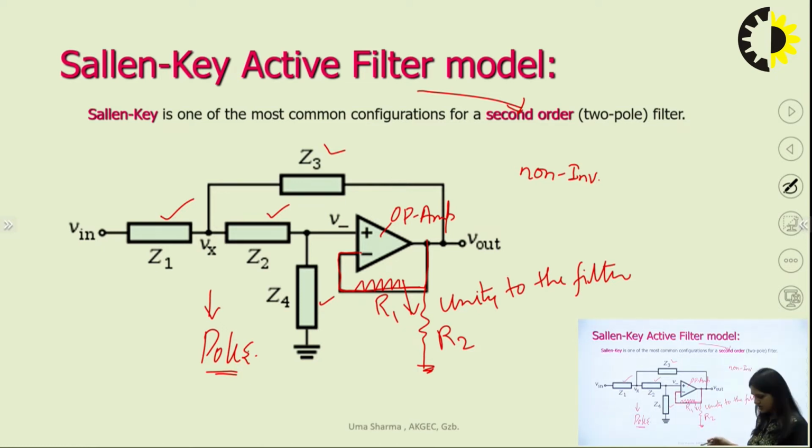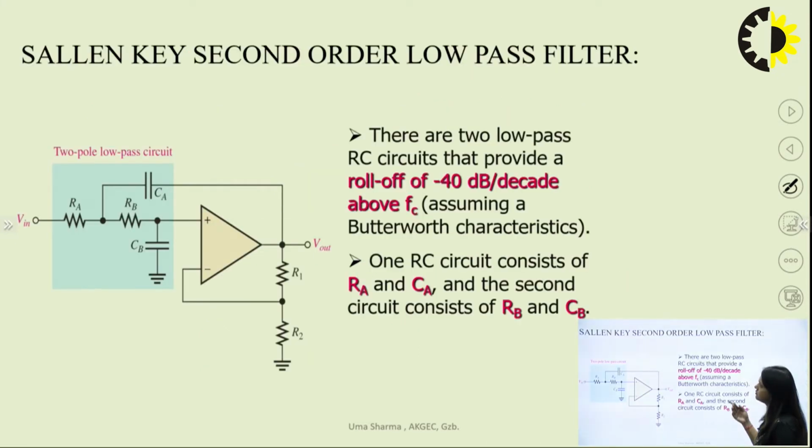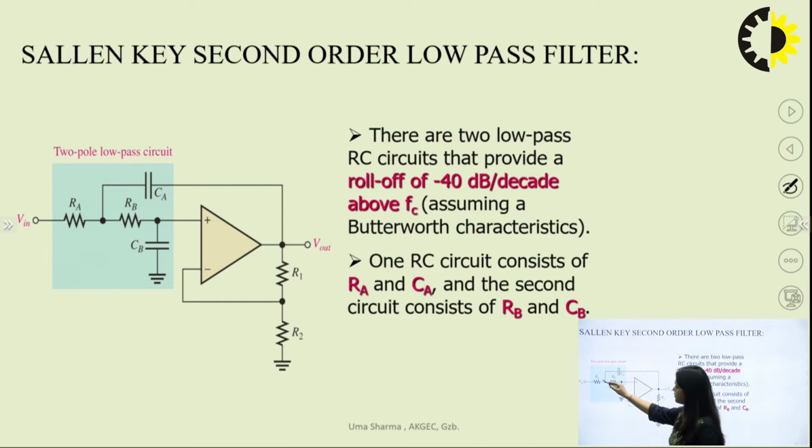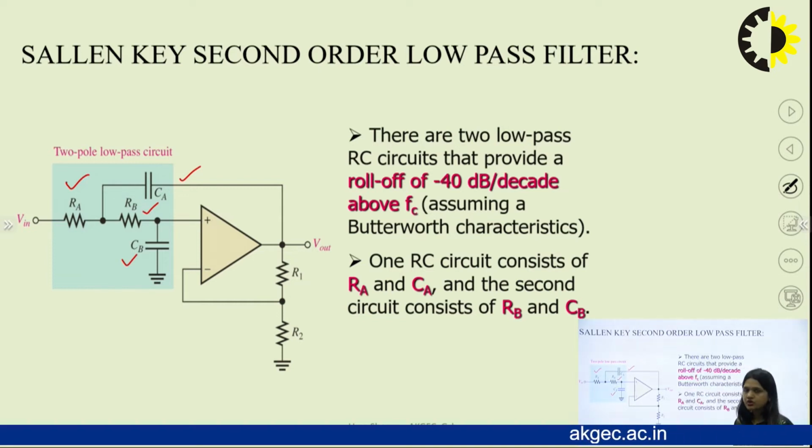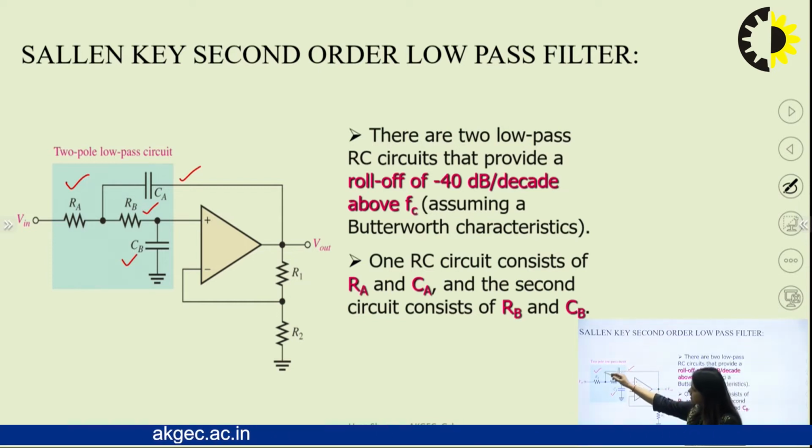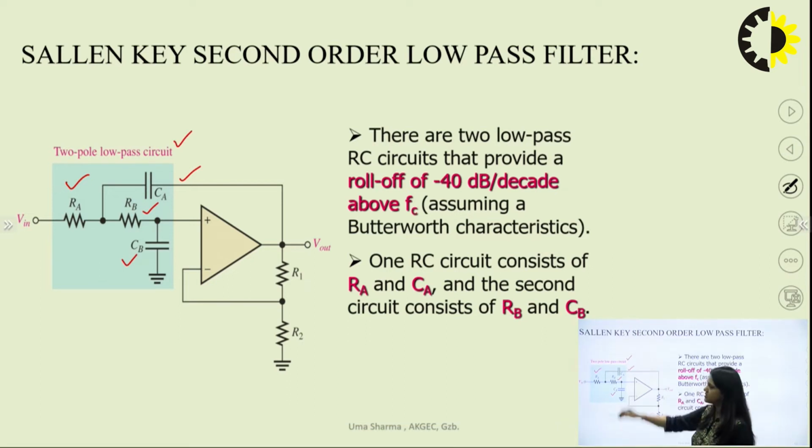So just see how we can design a low pass filter using the Sallen-Key model. From the last slide, you can see that I have replaced Z1 by RA, Z2 by RB, Z3 by CA, Z4 by CB. So this is the 2-pole low pass circuit.